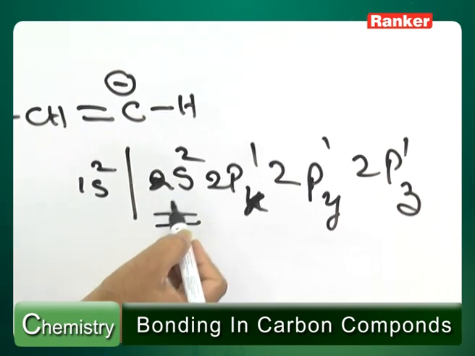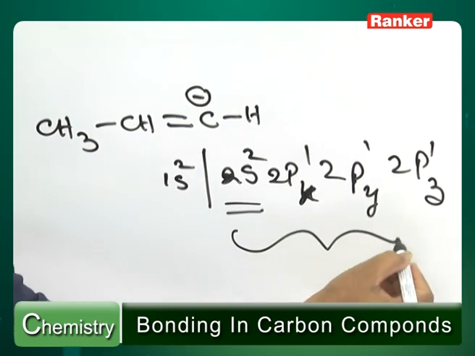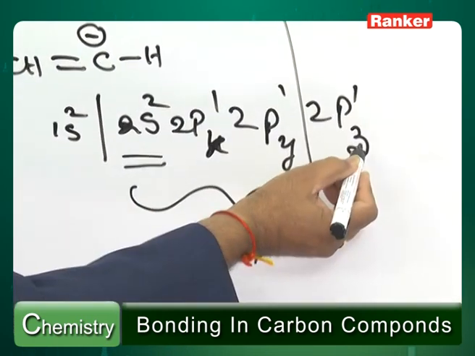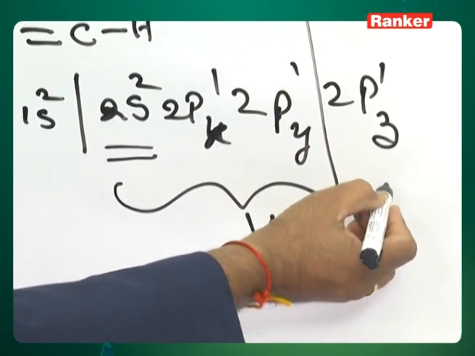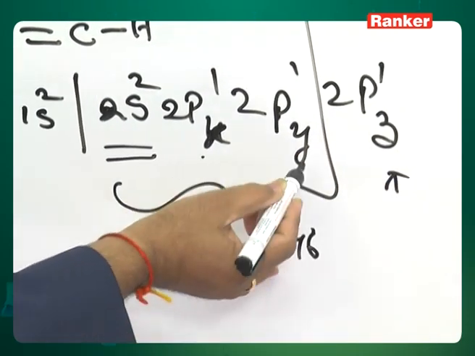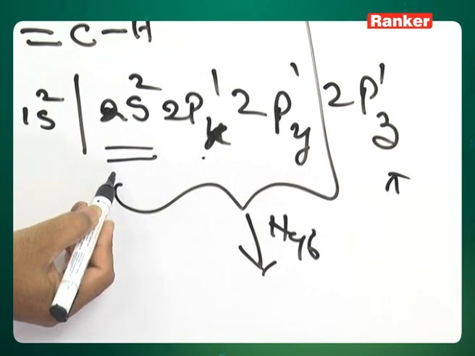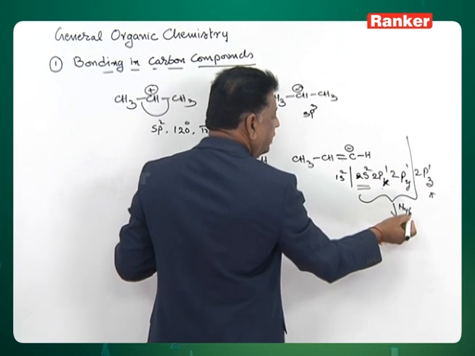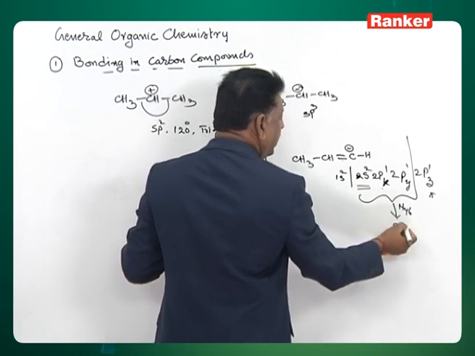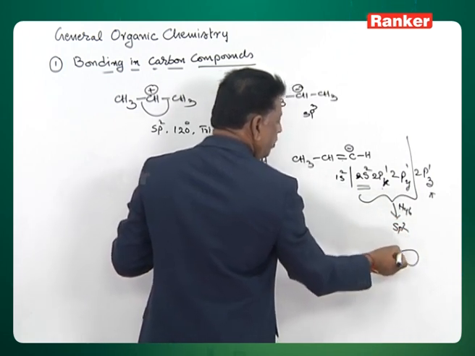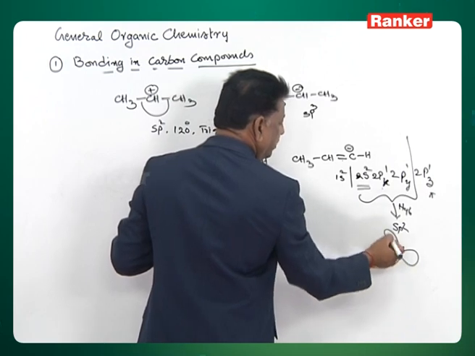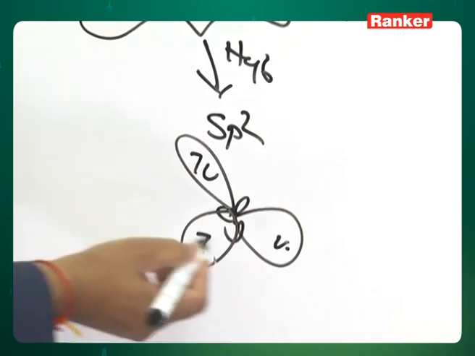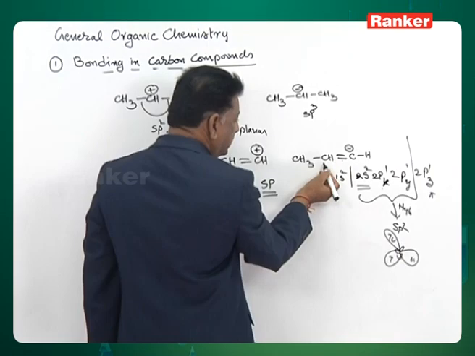The 2s and 2px and 2py undergo hybridization, and the remaining orbital forms the pi bond. These 2 are sigma bonds, and this acts as a pair. So, 1 pair, 2 sigma bonds and 1 pi bond, so the hybridization will be sp2, of which 1 is the pair. The 2 hybrid bonds are 1 with the hydrogen and 1 with this carbon.